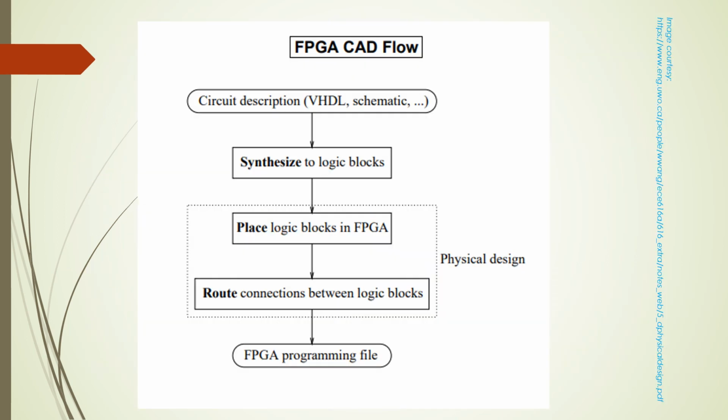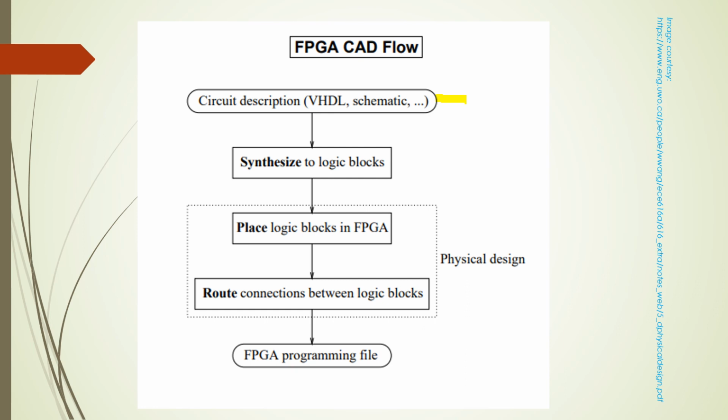Now coming to the FPGA design flow, the FPGA CAD flow, that is the FPGA computer aided design flow, in which you have the various steps that we already dealt with. The first part is HDL or schematic, the HDL coding, and then we continue with the syntax checking and simulation.